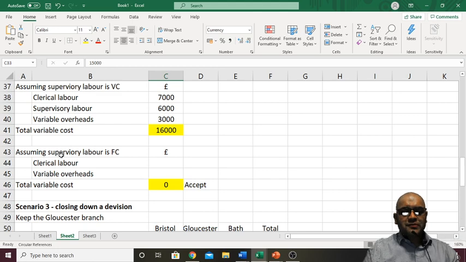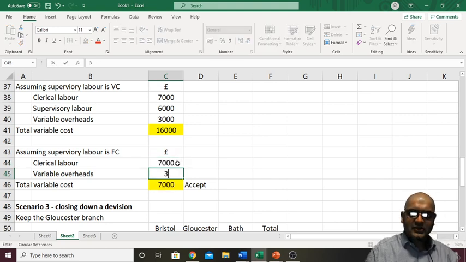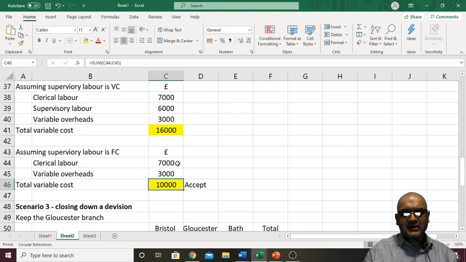Now if we assume supervisory labor is a fixed cost, which means that whether or not you outsource the function, you'll still incur those costs, we must not include this in our calculation. So in that case, we'll only have two types of costs. The one is the clerical labor of 7,000 and the other one is variable overheads of 3,000. Altogether is 10,000.